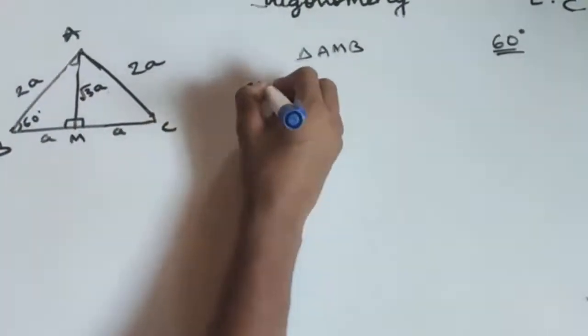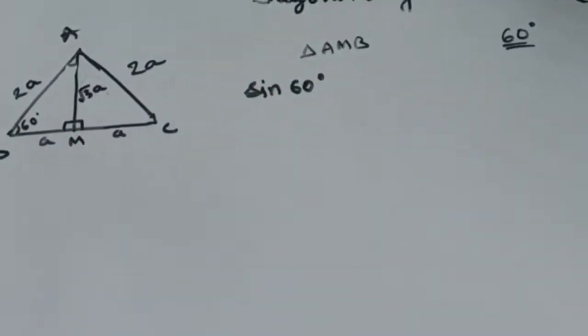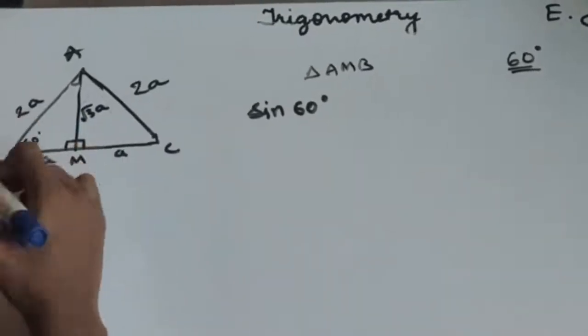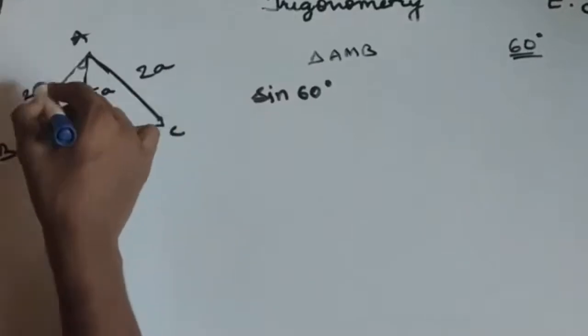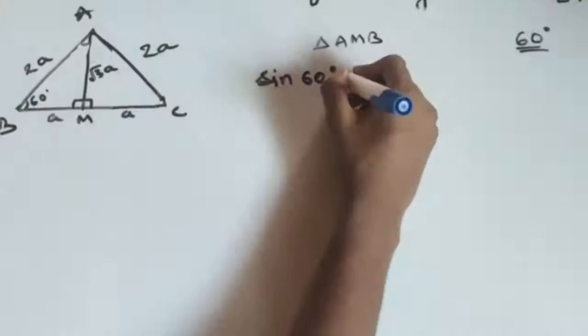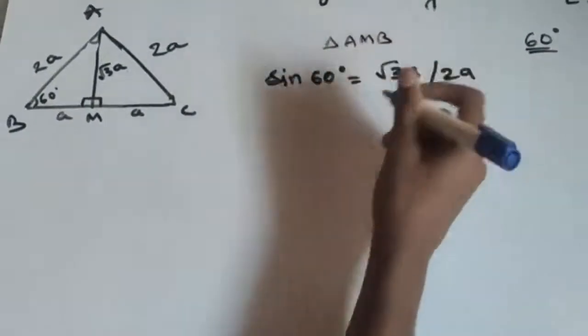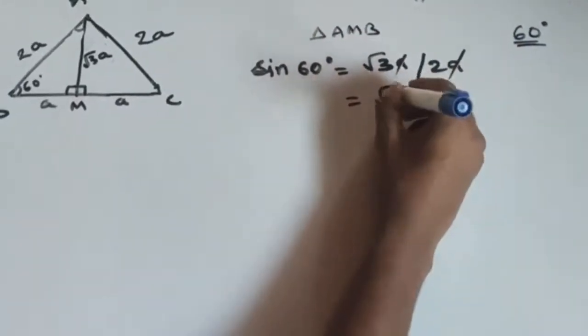So it will be sine 60 degree. This angle is 60 degree. For sine 60 degree, opposite side upon hypotenuse, the opposite side is root 3A, the hypotenuse is side AB, which has value 2A. So it will be root 3A upon 2A. A gets cancelled. What we get is root 3 upon 2.